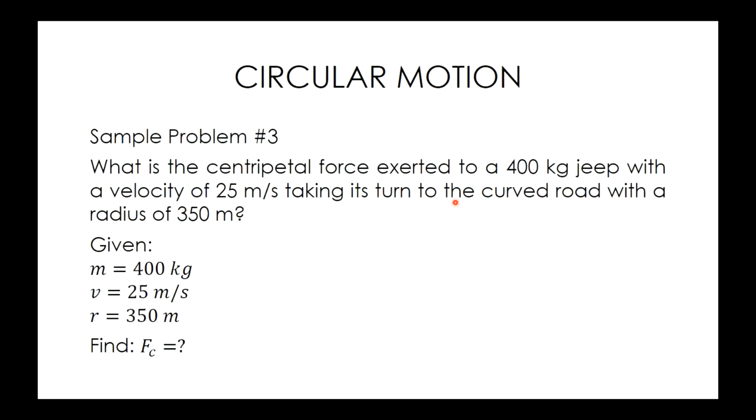So, magti-turn siya sa isang kurbada na daan na may radius na 350 meters. So, meron tayong mass, meron tayong velocity, meron tayong radius. Ang hinahanap is the centripetal force. Yung puwersa para hindi tumalsik yung jeepney palabas dun sa circular path.